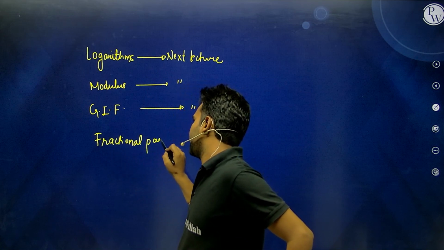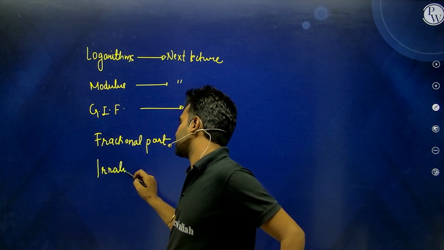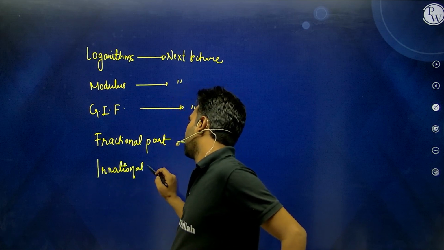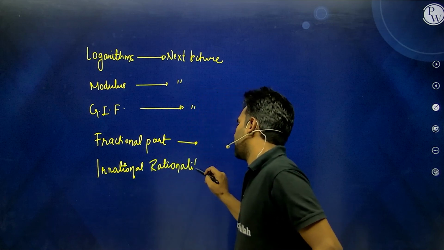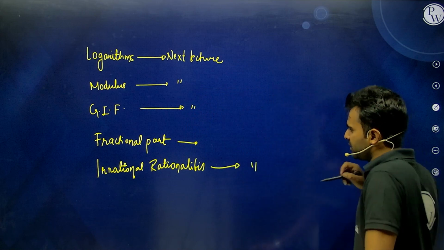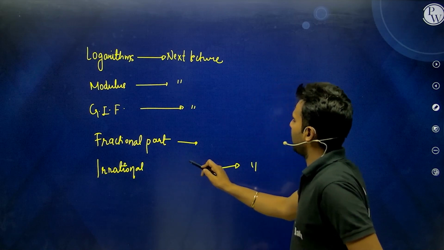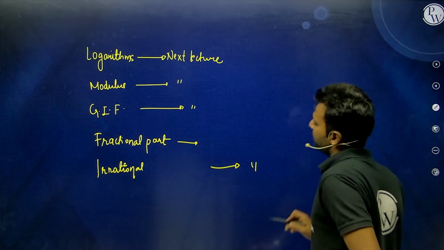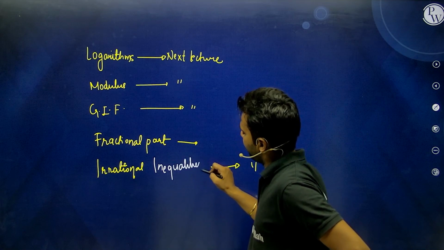Okay, and irrational inequalities also we will learn in the next lecture only, because I have felt that a lot of guys do have difficulties in irrational inequalities. Okay, so this is our first lecture and I wanted to keep it a bit short so that you guys are prepared for what exactly we will be covering.